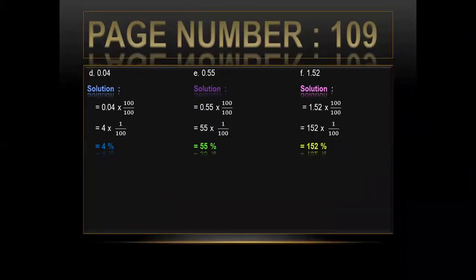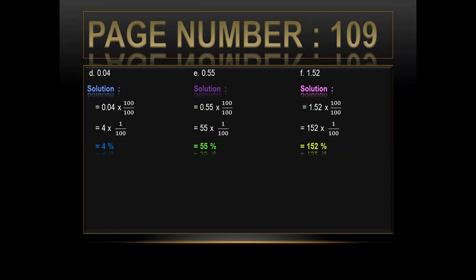The D part of this question is 0.04. We multiply and divide it by 100. When we multiply 0.04 by 100, it will be 4. 4 over 100 is 4%.